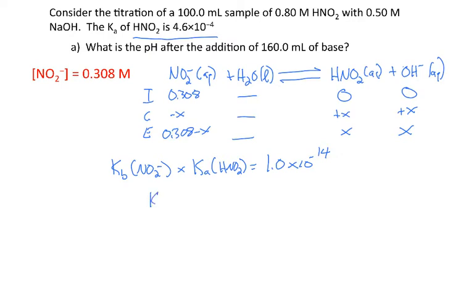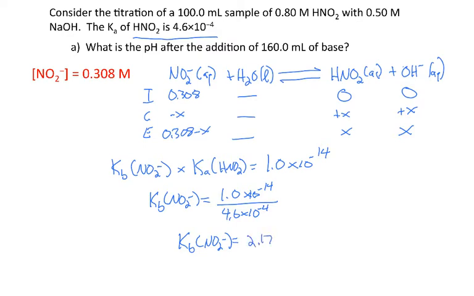So that means that the Kb of NO2 minus is 1 times 10 to the minus 14 divided by the Ka of HNO2. And so I get my Kb to be 2.17 times 10 to the minus 11. And so we'll finish up this problem on the last slide.